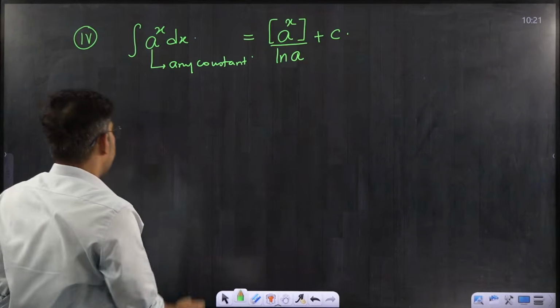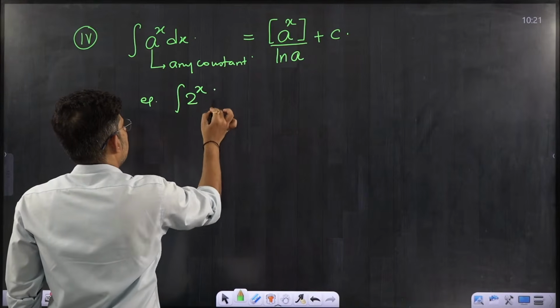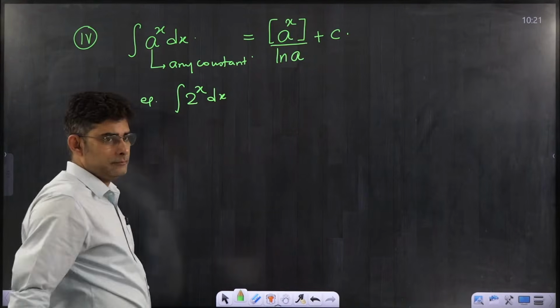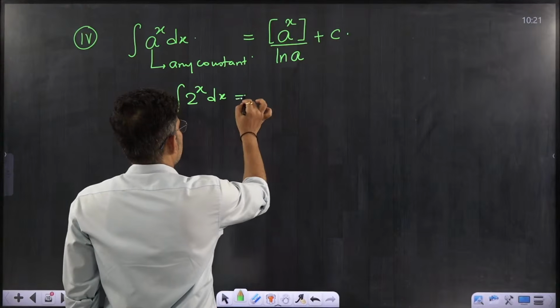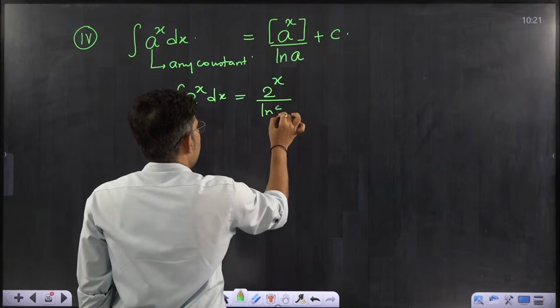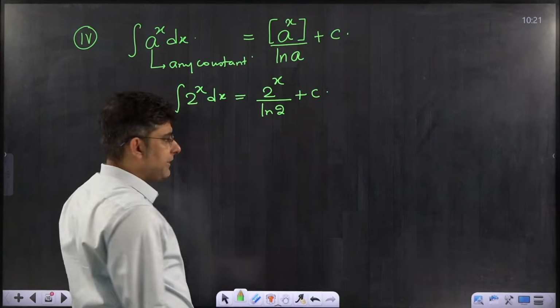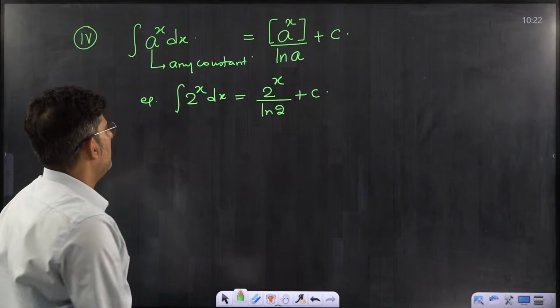For example, if you see something like the integration of 2 to the power x, you will say it is nothing but 2 to the power x by ln 2 plus c. The value of ln 2 I have already told you, 0.693 or about 0.7.